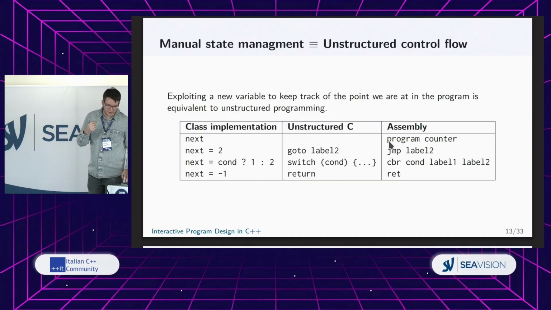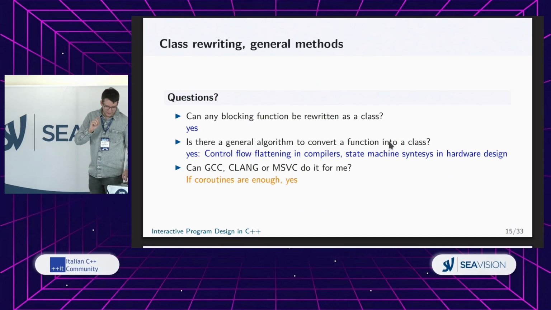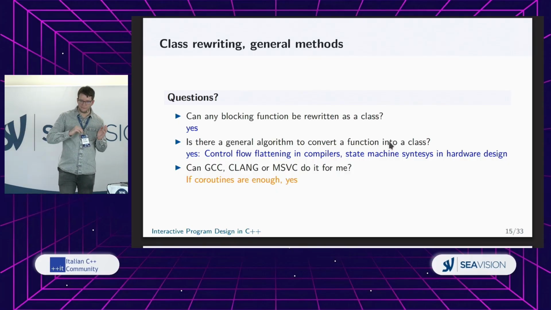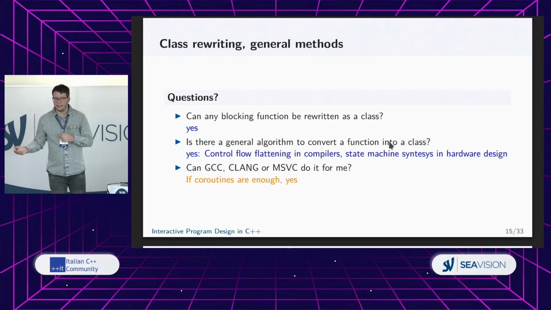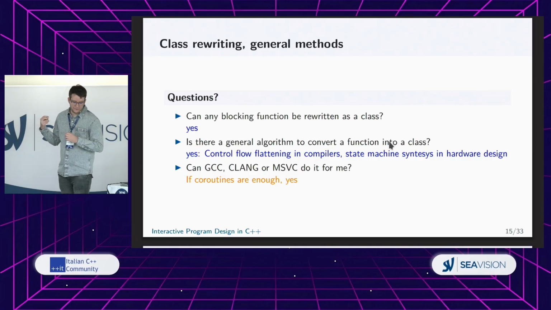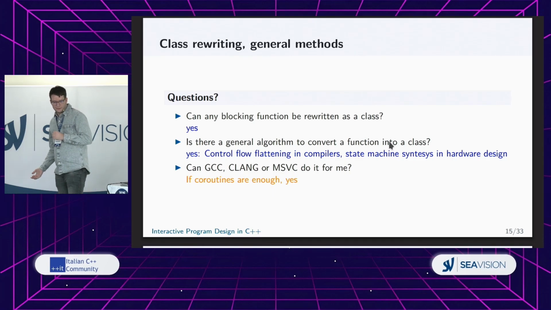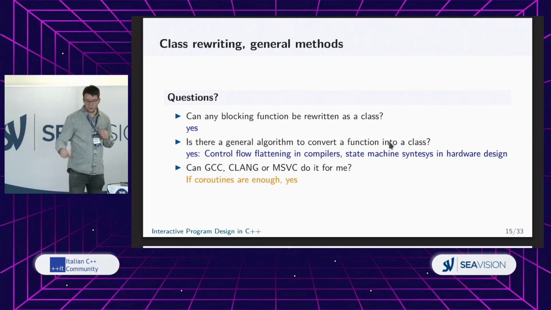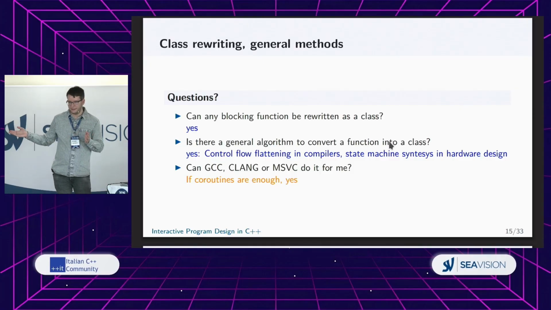And the conclusion you notice at some point, let's talk about this later, is that when you want to answer the question, can any arbitrary interactive blocking function be rewritten as a class? The answer is yes. And is there a general algorithm that converts a function into a class? Yes, and that algorithm is performed by compilers. In compilers, it's called control flow flattening.